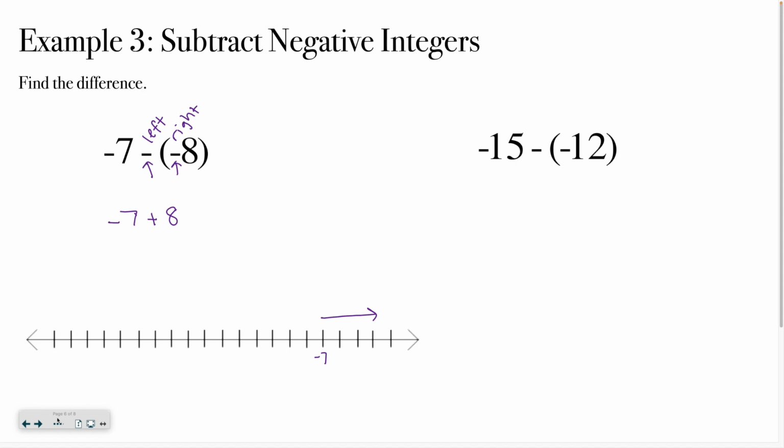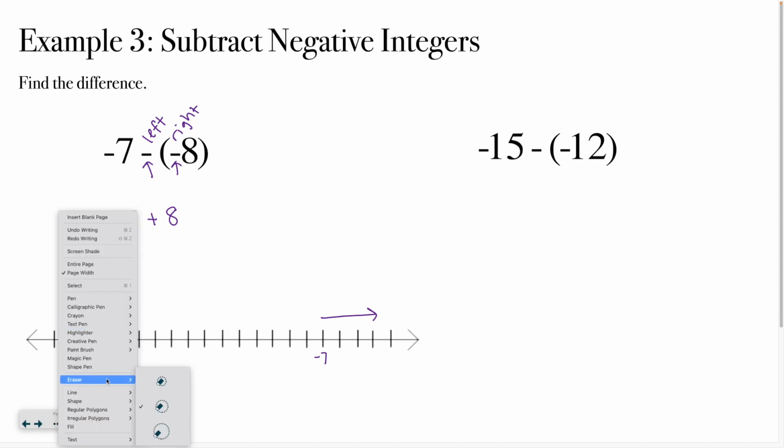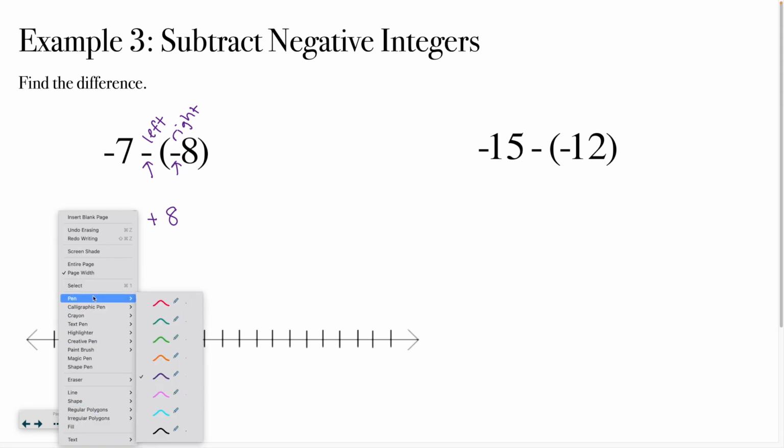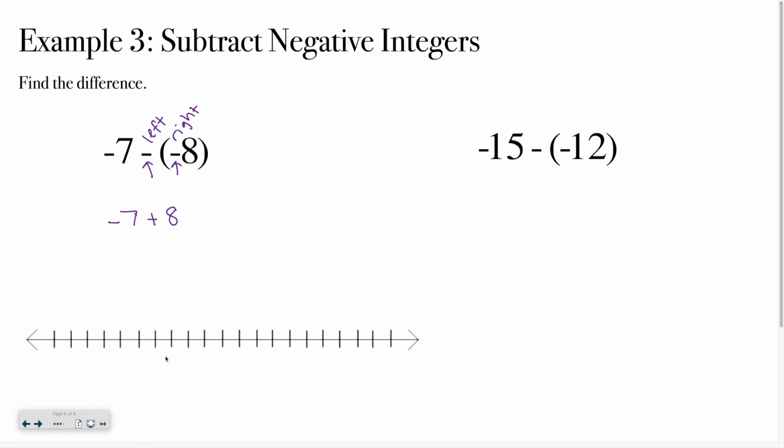And I would have to move my drawings if I wanted to use this as a number line to count. So then I would have something that would look like this. I start at -7, but this time I'm going to go 8 to the right.